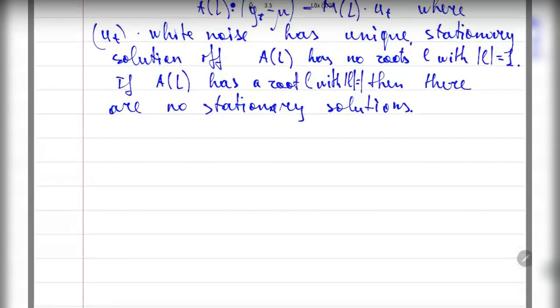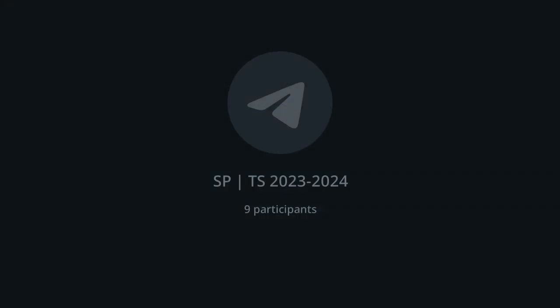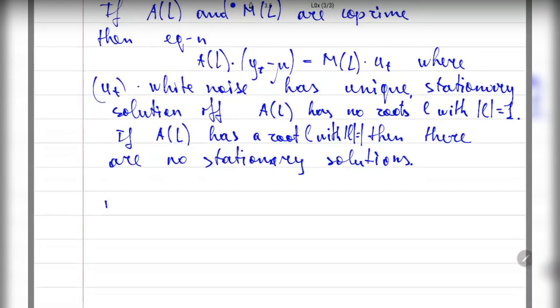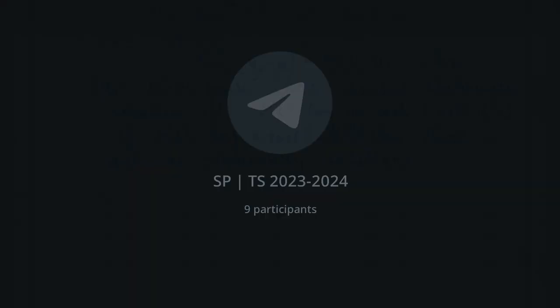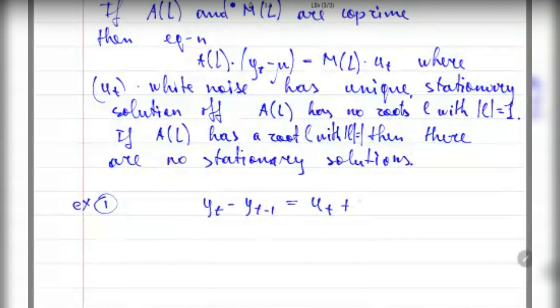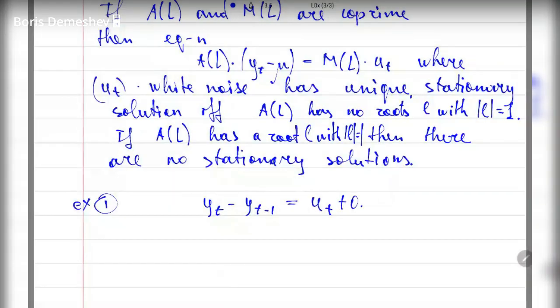Okay. So let's consider the following example. Example 1. yt minus yt minus 1 equals ut plus 0.3 ut minus 1.